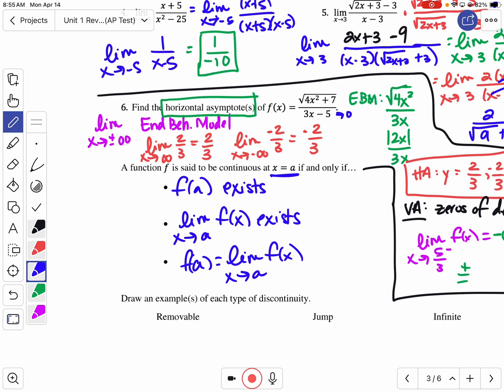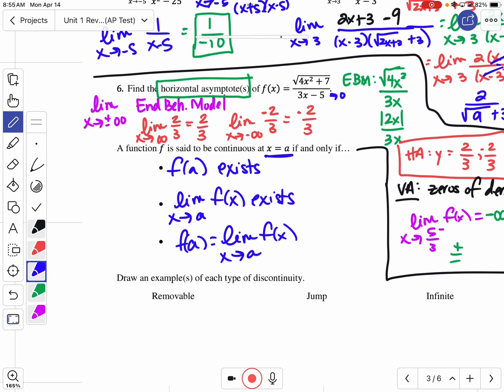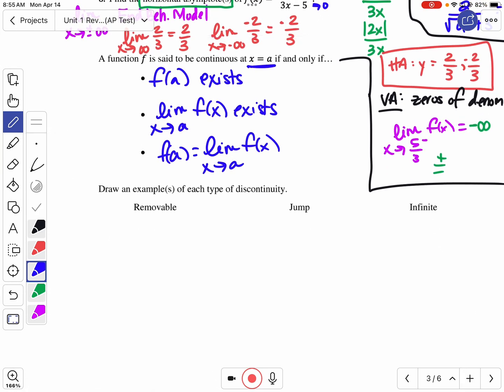All right, so if we can be continuous, we can be discontinuous. So let's think about all the different types of discontinuities that we have. We have 3: removable, jump, and infinite. What's a removable discontinuity the same thing as? A hole.